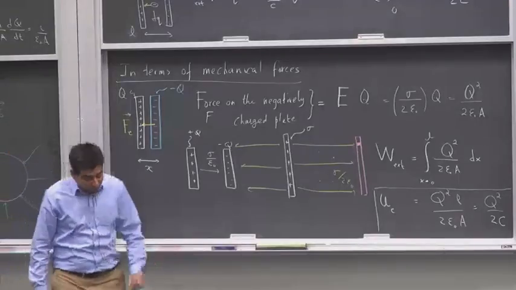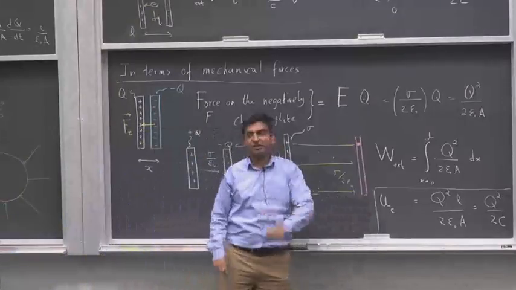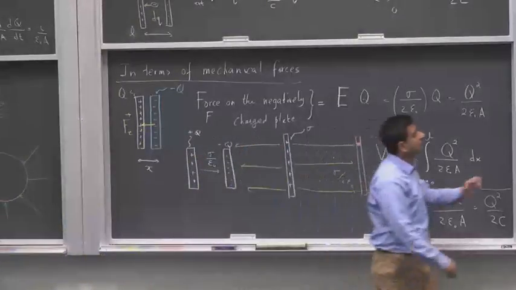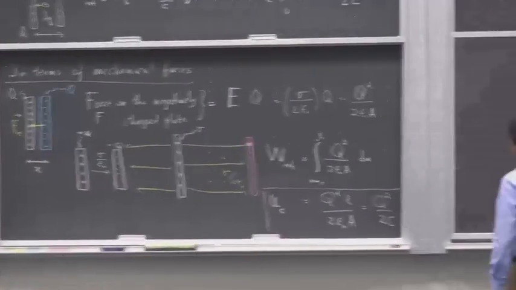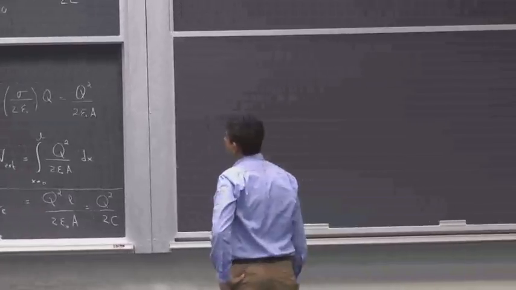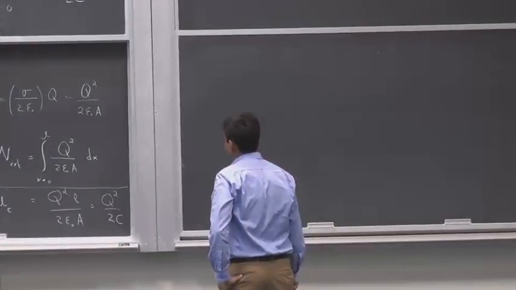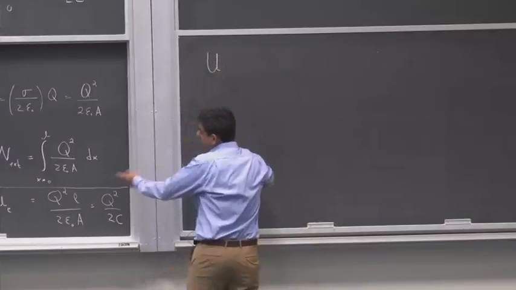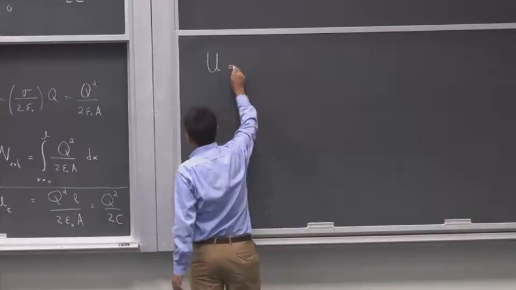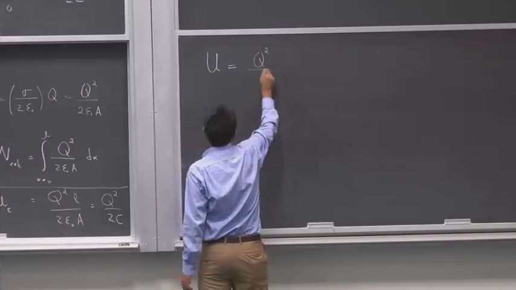Now let's talk a little bit about, okay, now if I look at this potential energy here, just out of curiosity, the potential energy, I'm not putting in the factor E, is given by Q squared over 2C.